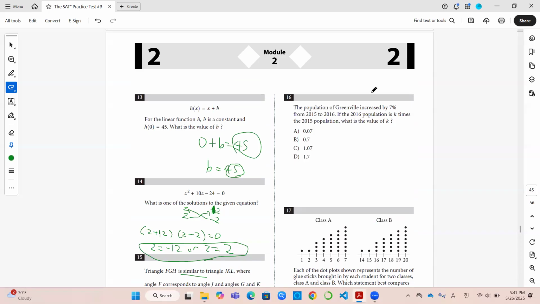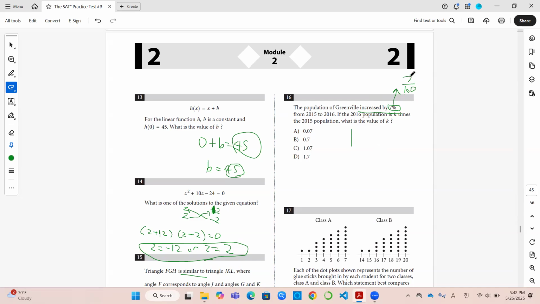Question 16. The population of Greenville increased by 7% from 2015 to 2016. If the 2016 population is k times the 2015 population, what is the value of k? The keyword here is increased by 7%. Since this is a percentage, I always convert this into 7 over 100. Since I say increase, I have a 1 here.